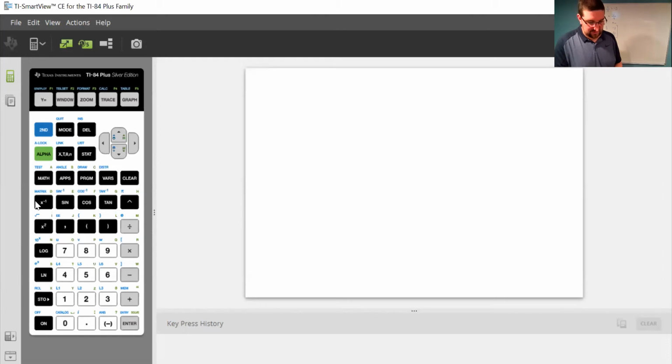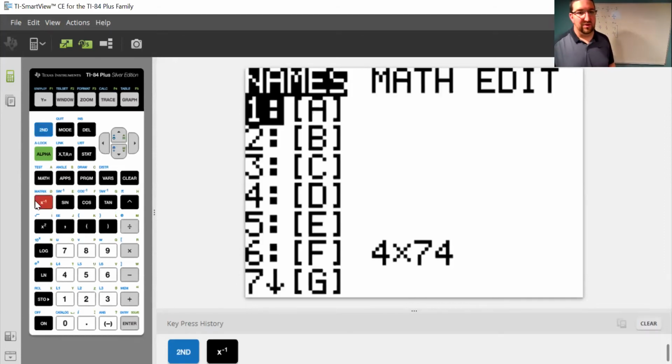Hold on, I have to tell my calculator to control it. Apologize for that. Okay, so we're going to hit second and then x to the negative 1. You can see my key presses on the bottom of the screen. You could also see the buttons on the side change to a red color when I press them.